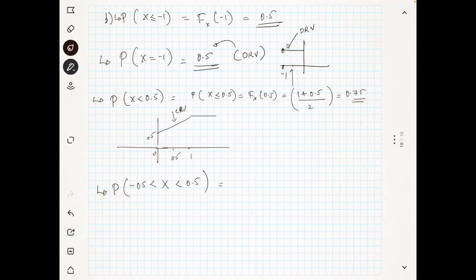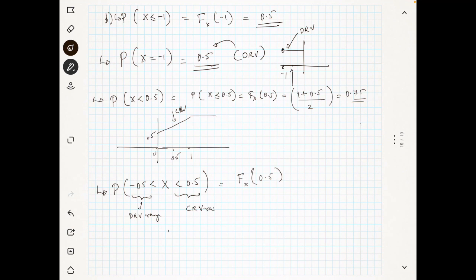This is nothing but Fx of 0.5. Why? Because this part is in the continuous random variable range, and this part is in the discrete random variable range.